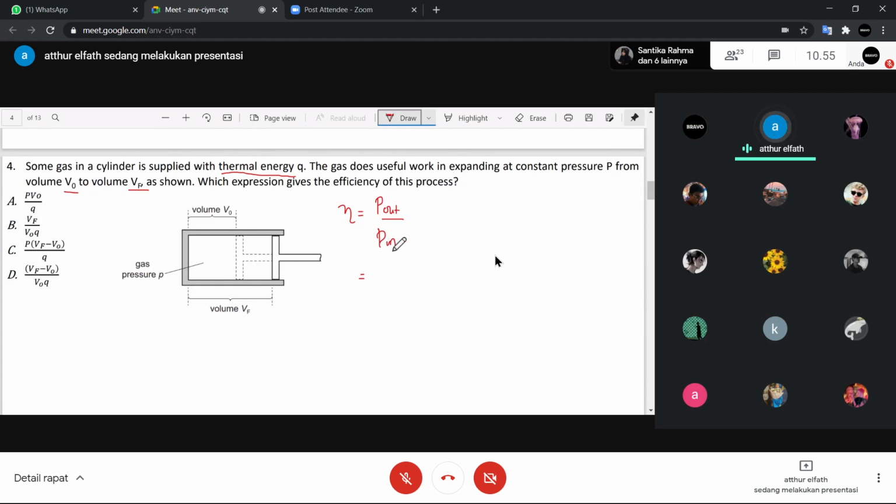So we can substitute this variable by this formula.